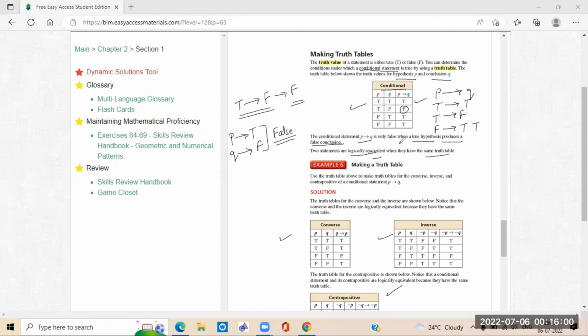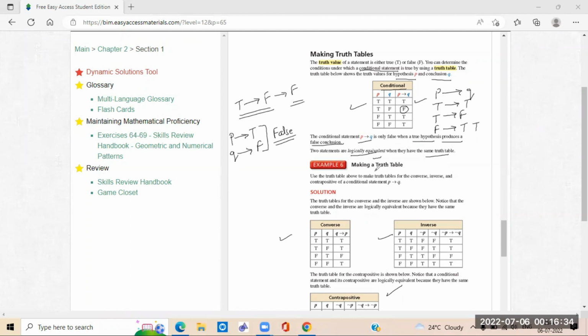Then by looking at the truth tables, we can conclude which two statements are actually logically equivalent. When do we say that two statements are logically equivalent? When they have the same truth table. You first frame a truth table for each of these and then look for identical truth tables. When they are identical, we say these statements are logically equivalent.